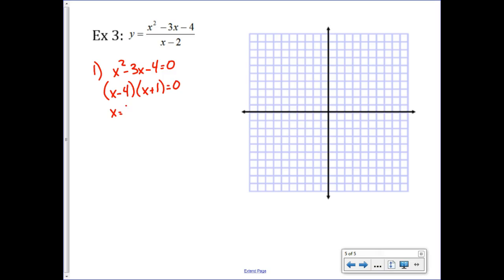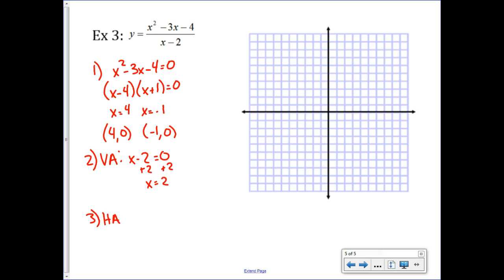So x equals 4, x equals -1, so those are my x-intercepts, so that's (4, 0) and (-1, 0), my two x-intercepts here. Then my vertical asymptote, I want to know where x minus 2 is equal to 0. Well, x equals 2.